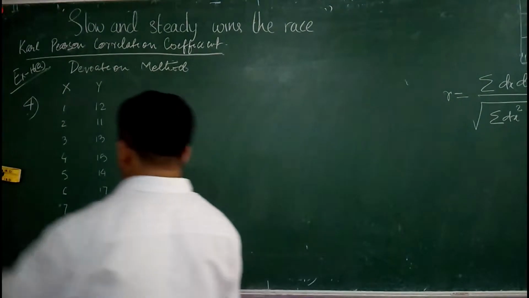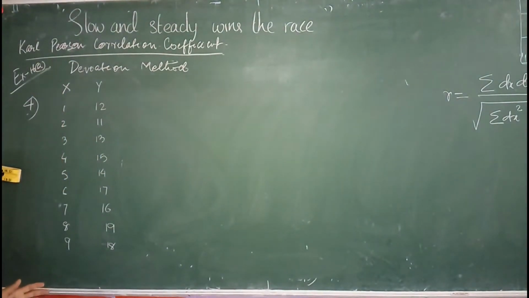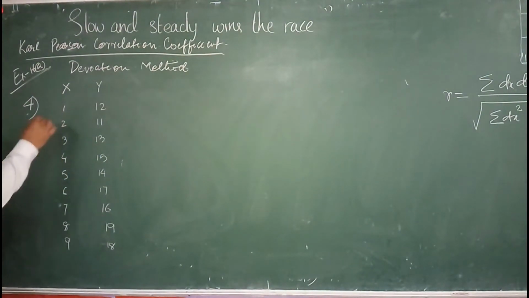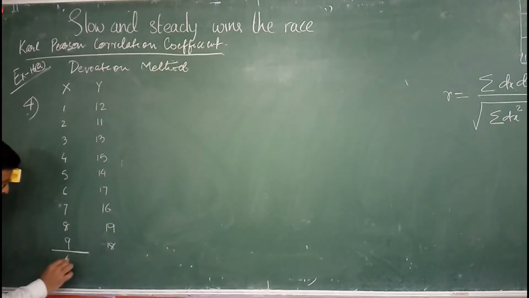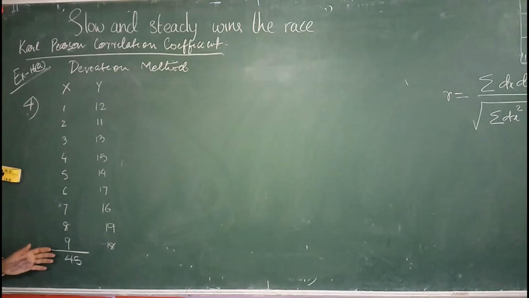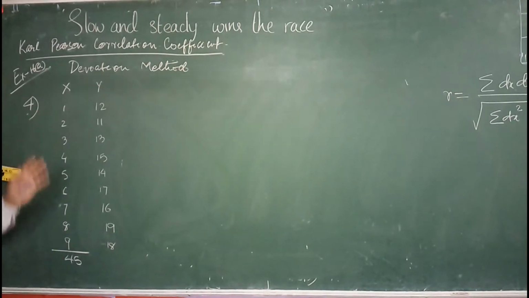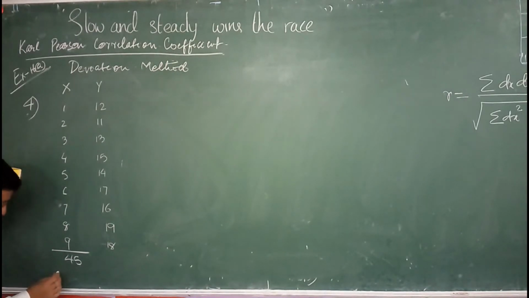We need the sum total of the x column so that we can find the mean. When you add it up, it comes to 45. Actually, this is written in sequence, so finding the mean is very easy, but still we will follow the system. We add it all and divide by the total number of data, so the mean is equal to 5.